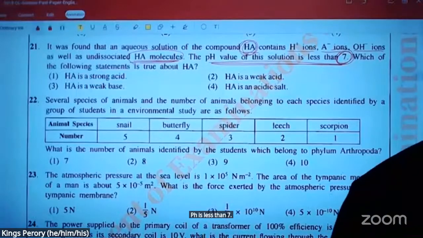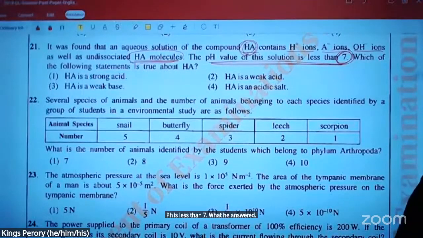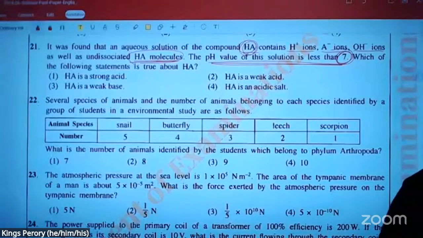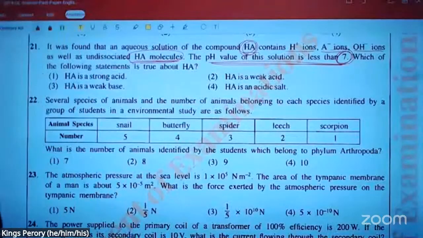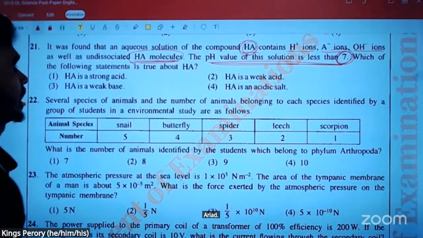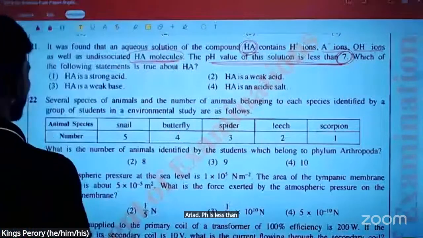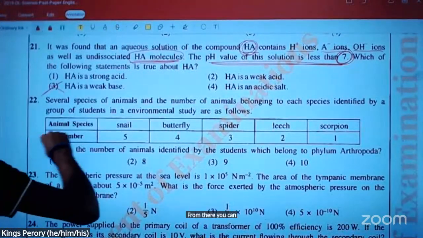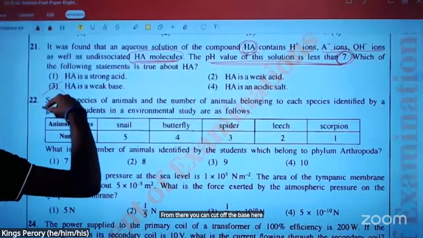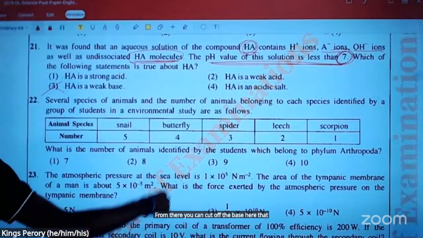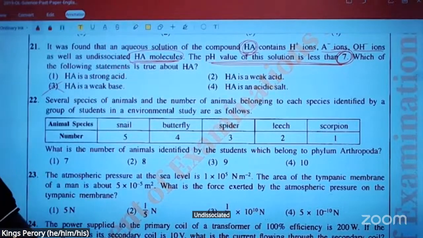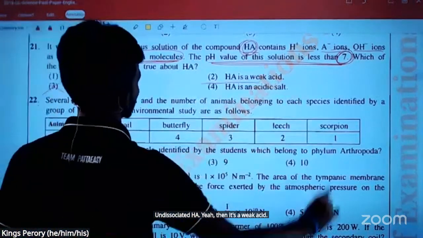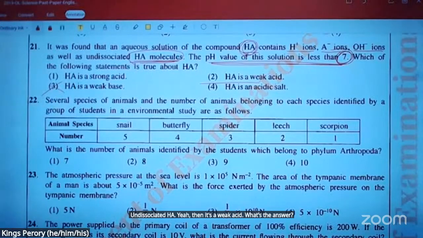What's the answer? pH is less than 7, so it's an acid. From there, you can cut off the base option. Undissociated HA is there, so it's a weak acid. What's the answer?